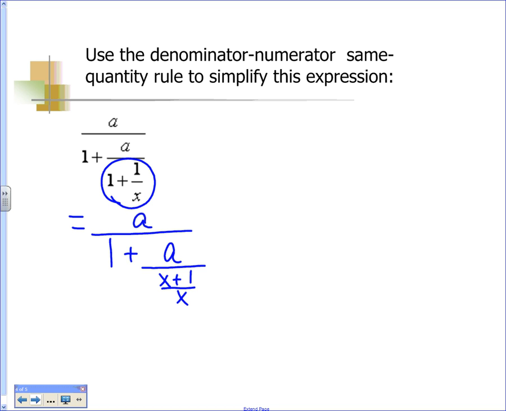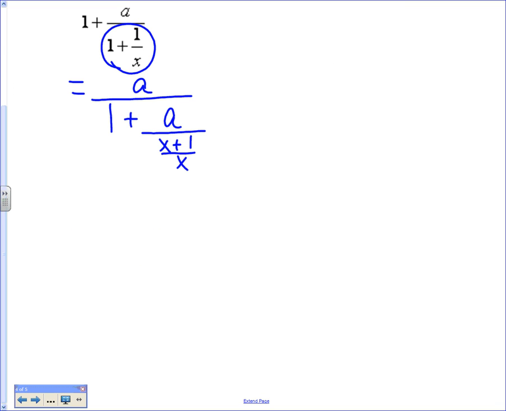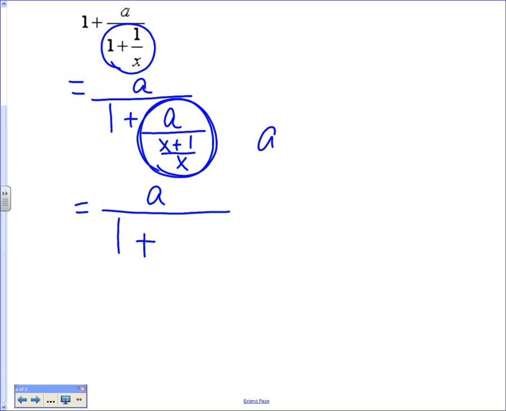See how that works? Now what are we going to do? We got to simplify this part. How do we simplify that? Alright, so A times what? Which is what? Yeah. If you can do that in your head, good. If not, just write it out.